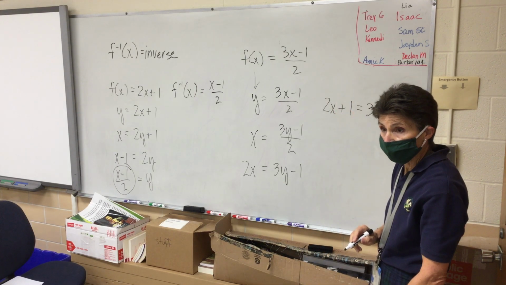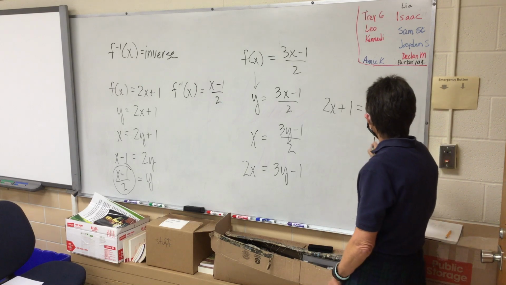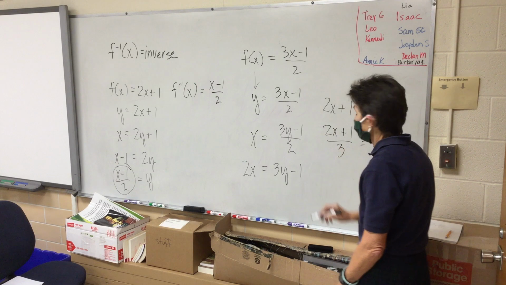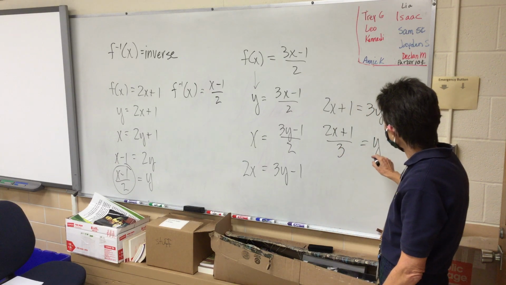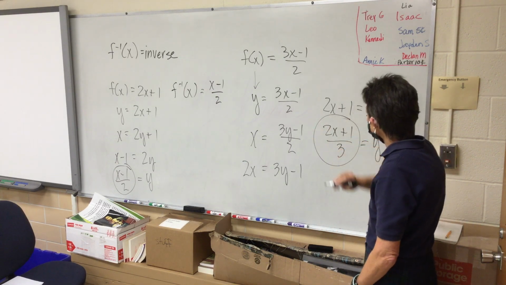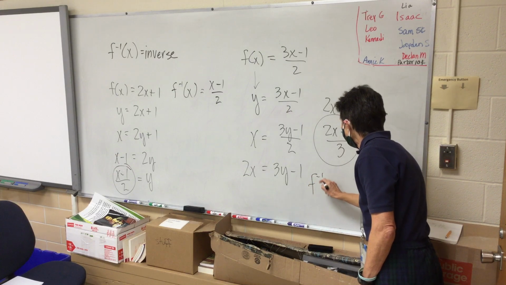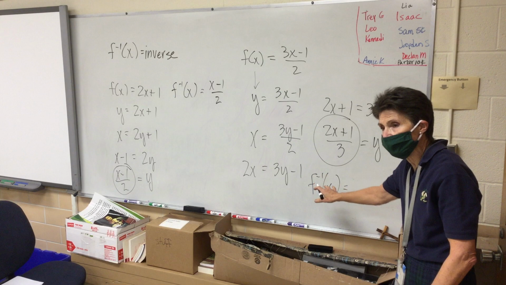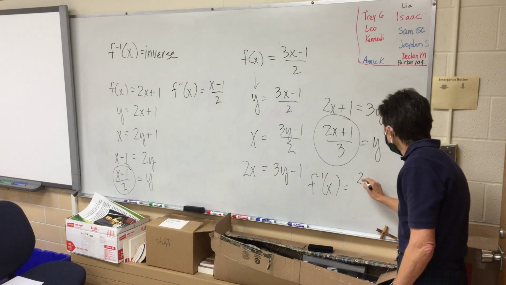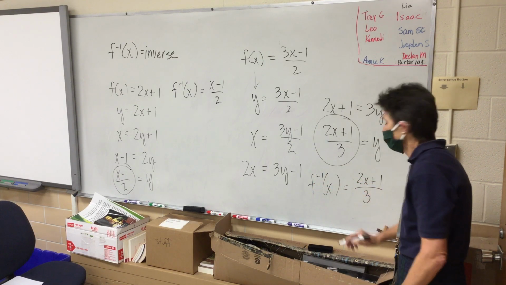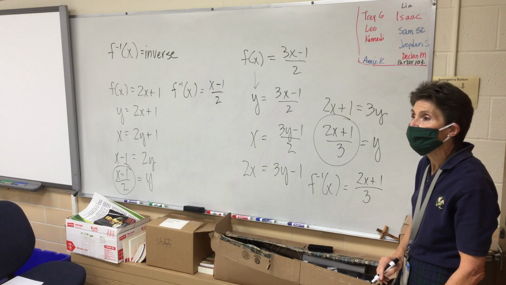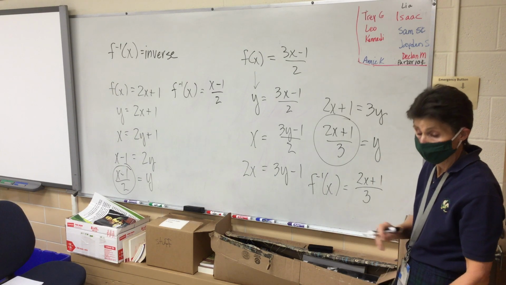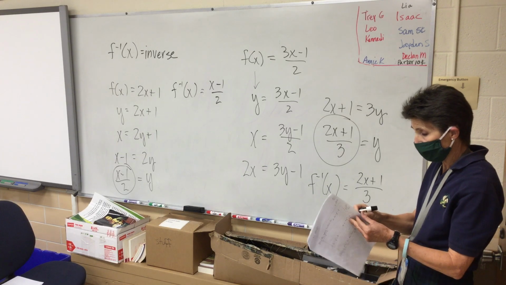And then I will divide by 3. Once I get y by itself, that is my answer. So the inverse is, remember that notation just means the inverse, 2x plus 1 over 3. You have to rewrite it out like that? Yeah. Yep, that's it for that page.